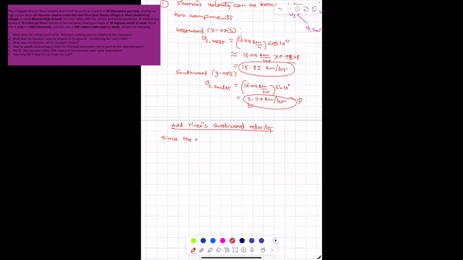Since the river flows south at 40 kilometer per hour, so the Dr. Sharma's total southward velocity, because something is pushing in that direction, that is the v net south, should be 2.79 plus 40 kilometer per hour, that is 42.79 kilometer per hour.